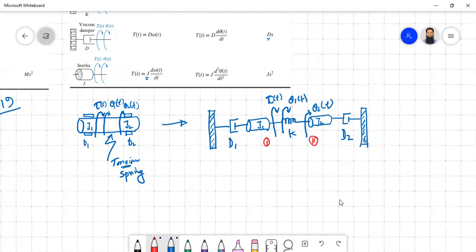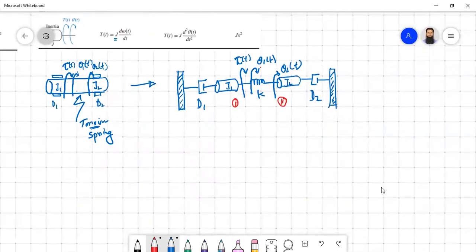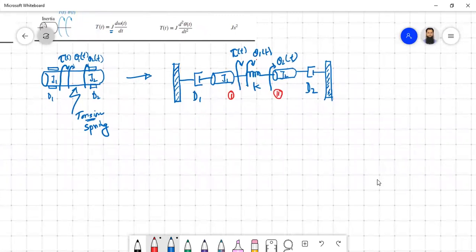Now you have to apply the superposition theorem, or in the case of mechanical systems, the free body diagram. So say that J2 is stationary, and J1 is rotating.